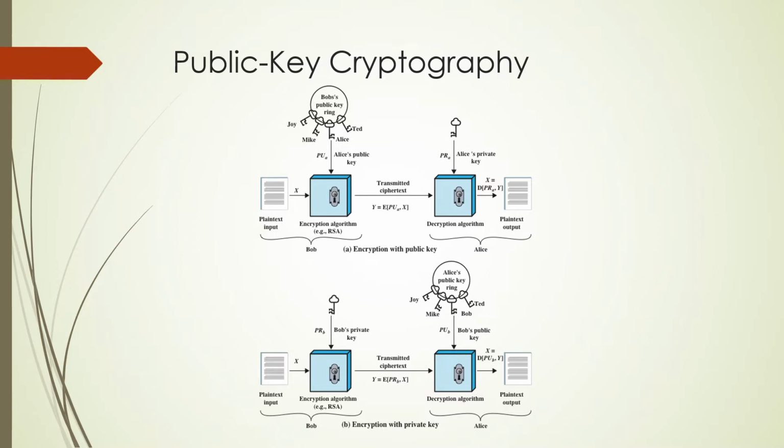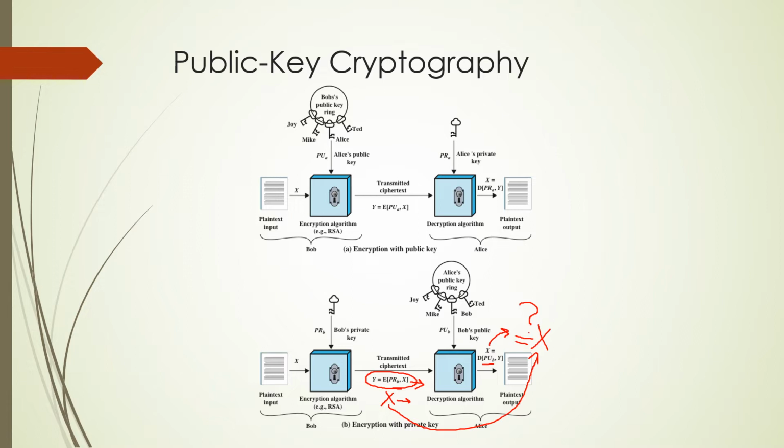Now, what's missing in this picture, which I'm going to add right now, is that when we use public key cryptography for digital signature, we are going to send X along with this signature Y. And when you send both X and Y to the other side, when Alice uses the public key of Bob to construct X, Alice can compare that X with the X that is given in the same message as Y. If they are equal, then that means the message X was signed by Bob.